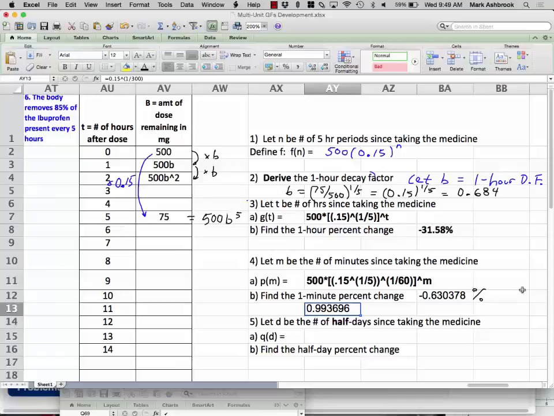Okay, so now if we want to come up with a formula for half days, we need the half day growth decay factor. How am I going to get the half day decay factor? How about back there in the free shirt with the headphones on? Yeah. How am I going to get the half day decay factor?